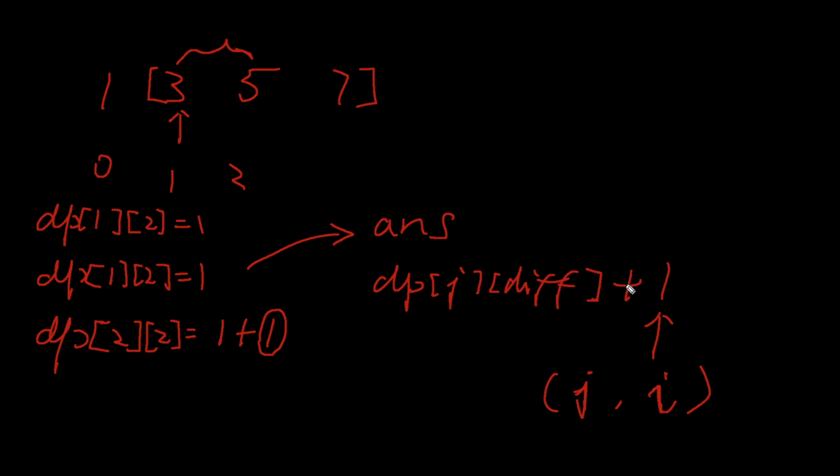But if we don't do +1, basically we'll be missing 3 5 itself. If we only inherit this j diff, that's why we need to do an i here, just to include another length 2 case, to start with j and end with i to include that.